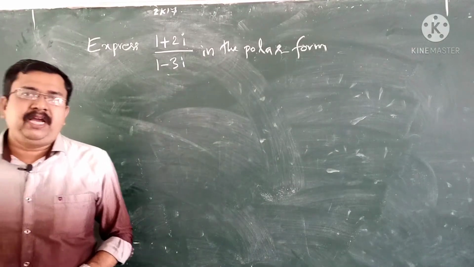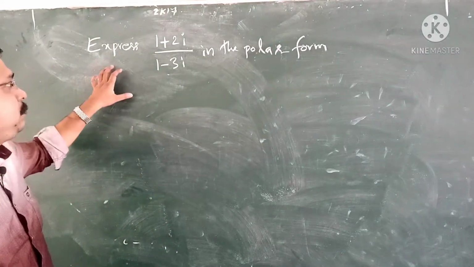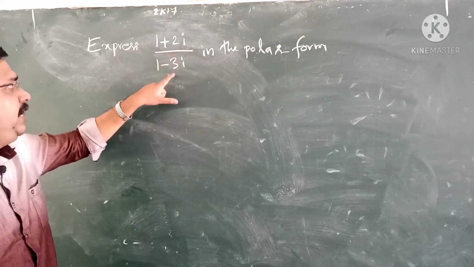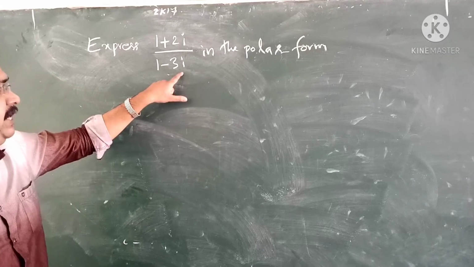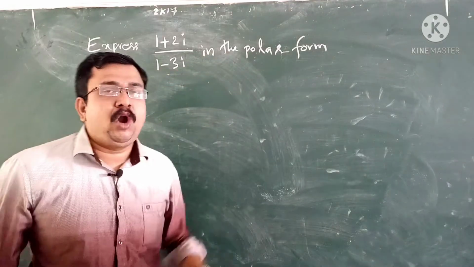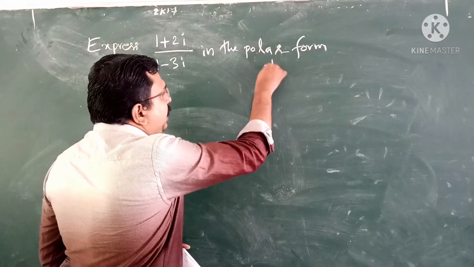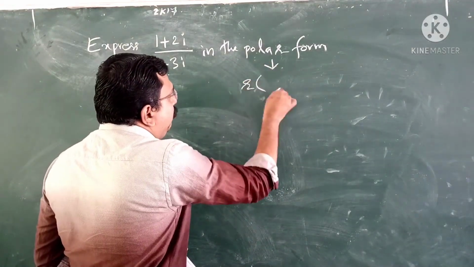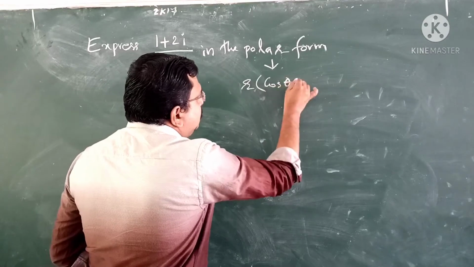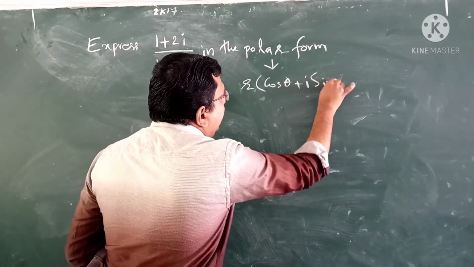Okay. Our next question is: express (1 + 2i) divided by (1 − 3i) in the polar form. What is our polar form? Polar form means convert this into the form r (cos theta + i sin theta).